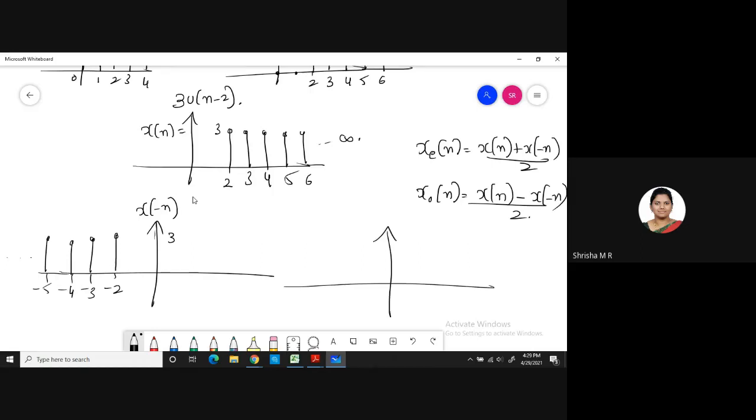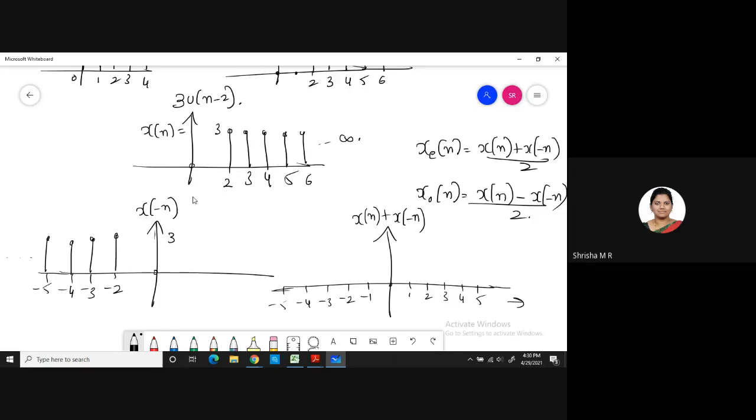Now, what will be x of n plus x of minus n? At n is equal to 0, you have 0 plus 0, which is 0.